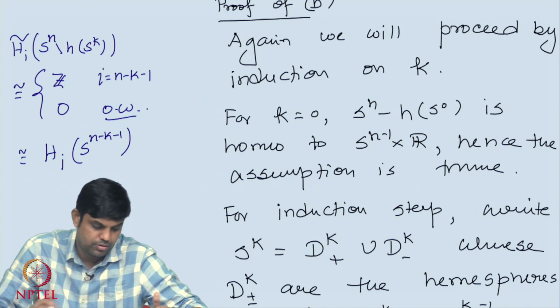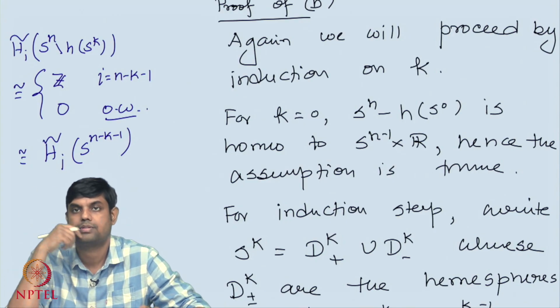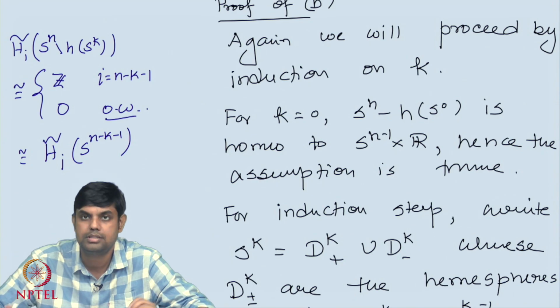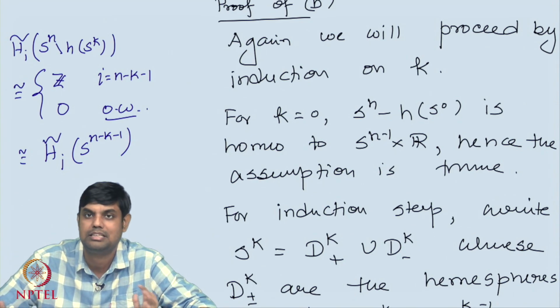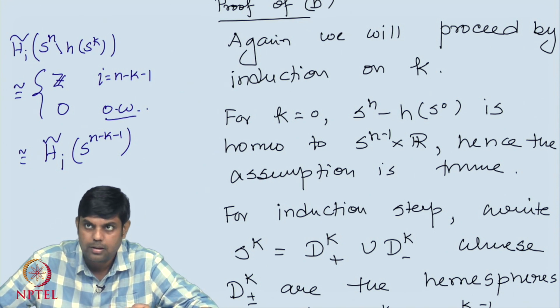That is the reduced homology. It is isomorphic to Z in exactly that dimension, everywhere else it is 0. For instance, Hn tilde of Sn is isomorphic to Z, everywhere else it is 0. Okay.